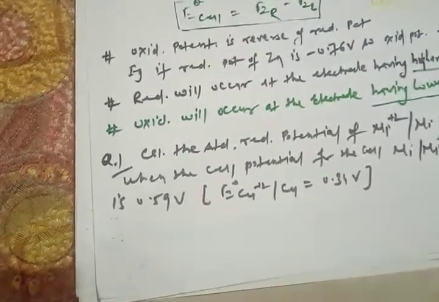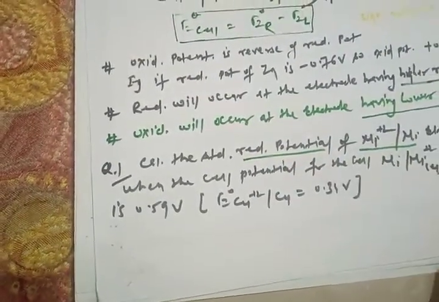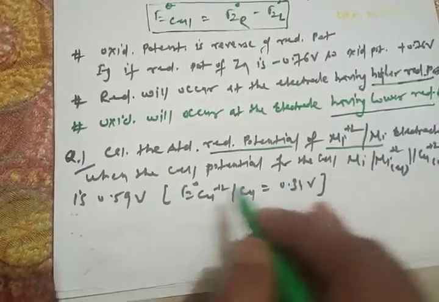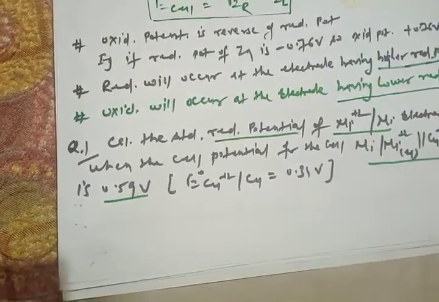So in this question we have to calculate the reduction potential value of nickel, and we have been given the value 0.59 volt for this cell.